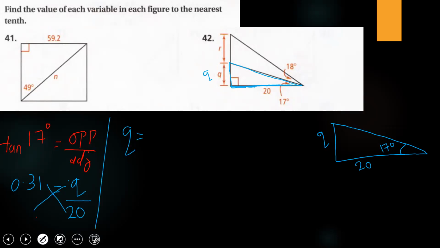So I will multiply 20 times 0.31 and I will get Q as 6.2.